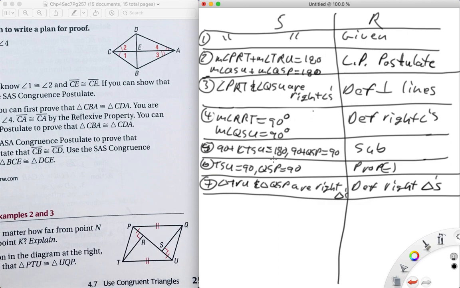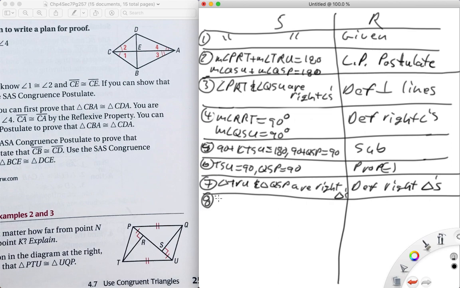I'm going to have to erase this because there's going to be more. So this is a 7-stepper. Do I have enough information? Okay, I think I can do one more. I'm going to make PS congruent to SU. I'm going to try, and then I can do the rest from there.